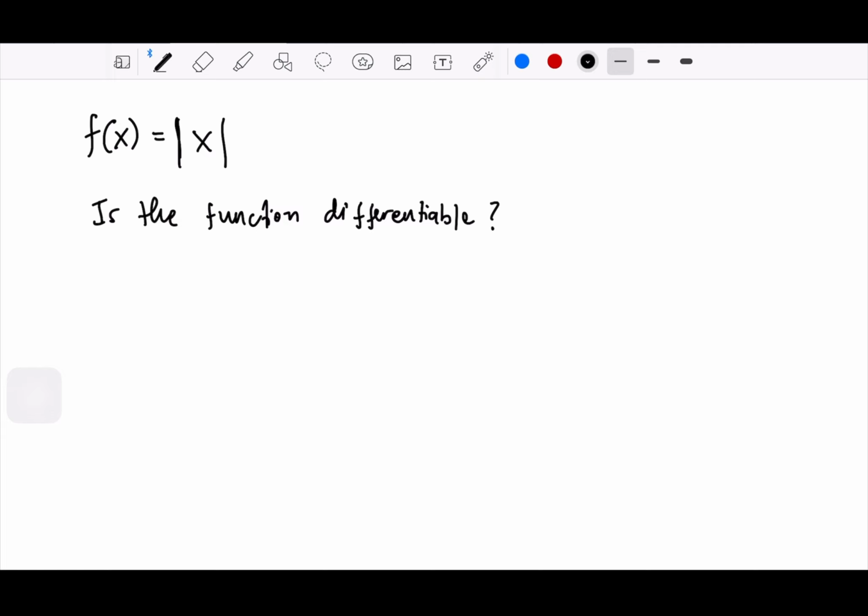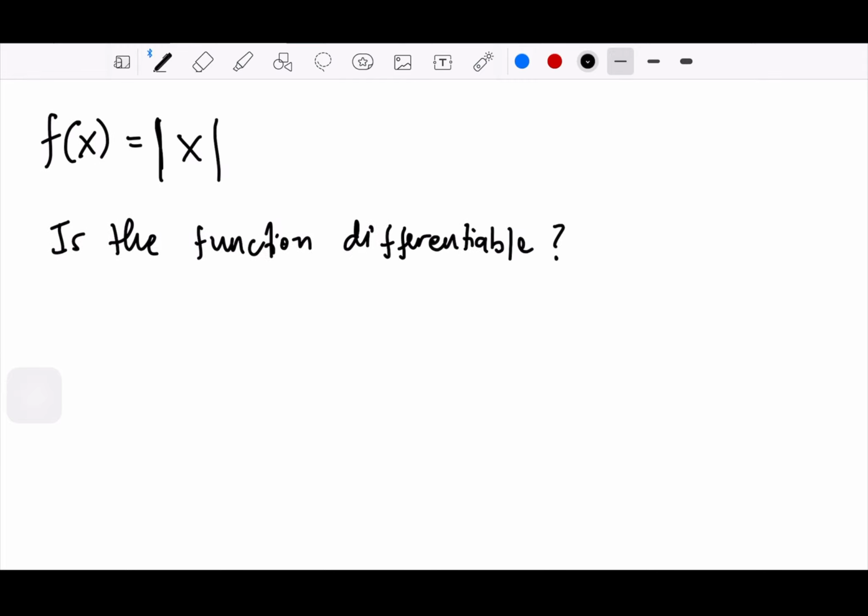I will show you how we are going to prove whether this can be differentiated or not through some equations and proof with some numbers. But later I will show you how we can distinguish this case from the graph. I think it will be easier with the graph.